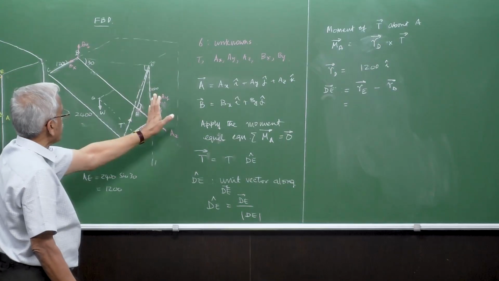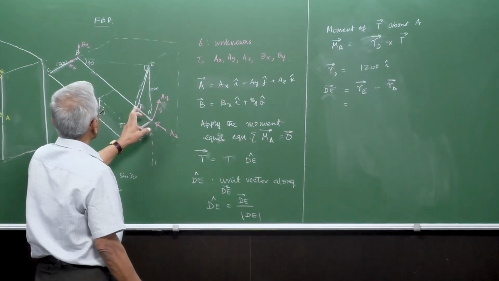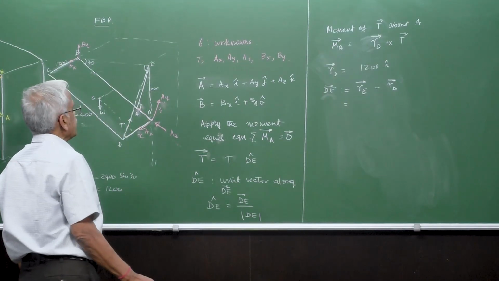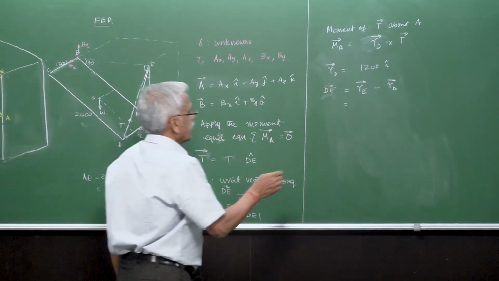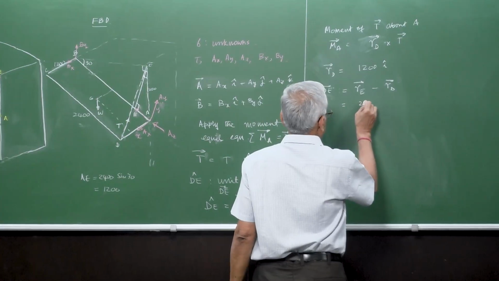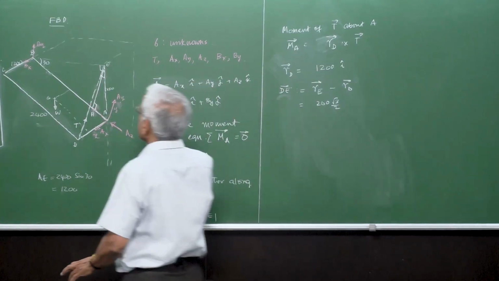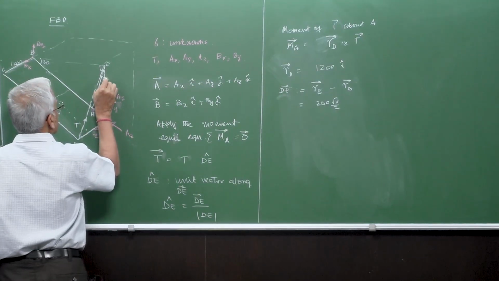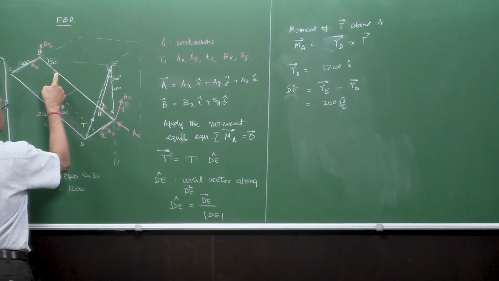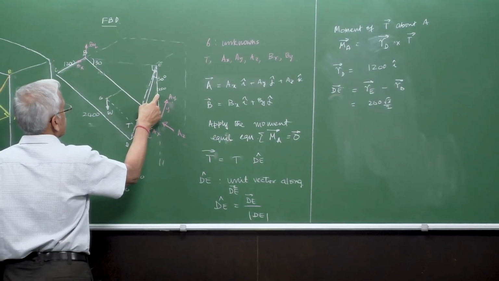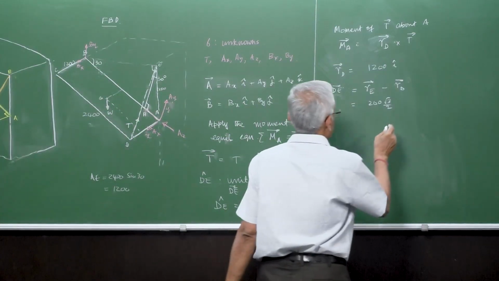And the Y component is 200 root 3 by 2, because this angle is 30, so this is j.